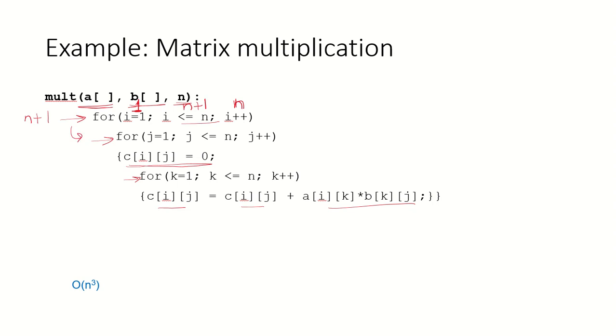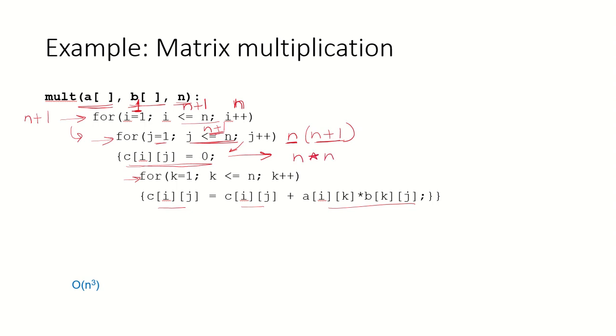For each value of i, this j comparison would also take place n into n plus 1 times. Within this loop, it will go n times only, so the statement Cij is computed n into n times.